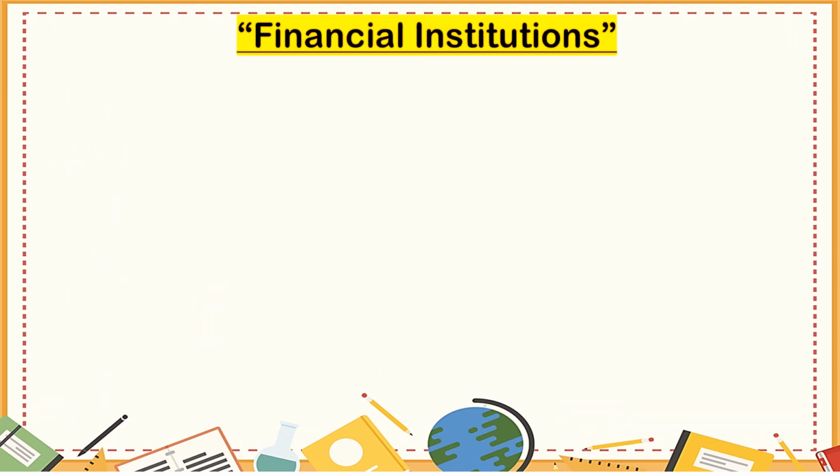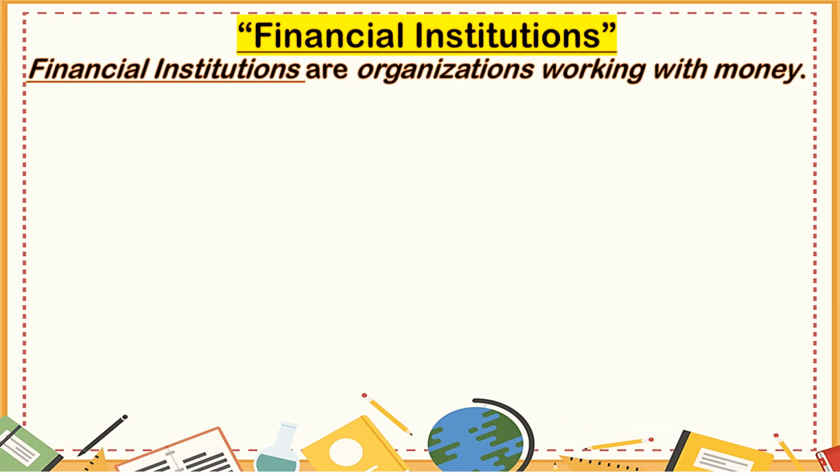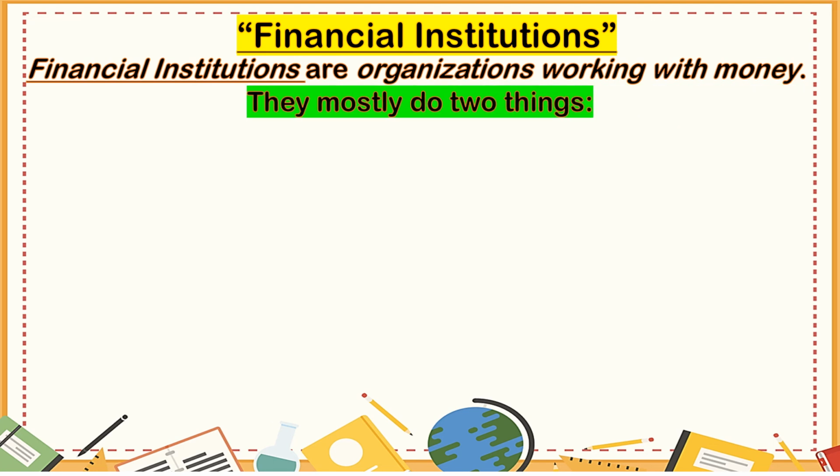Let's study about financial institutions. Financial institutions are organizations working with money. Okay? Why did they build these financial institutions? You are going to know later. They mostly do 2 things. Financial institutions don't have to go to people, because people who are in need of money will go to them.